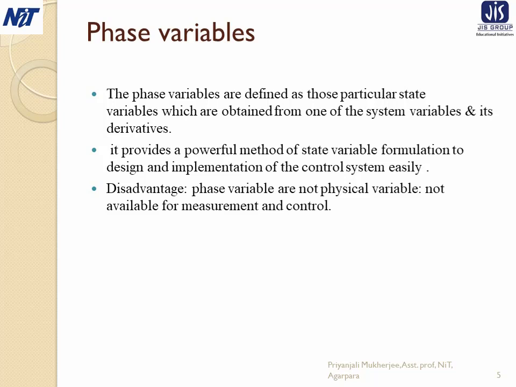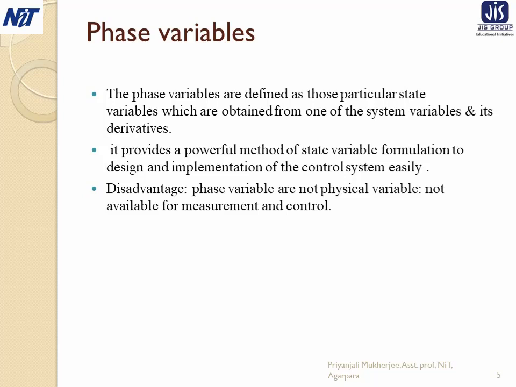A state model of a linear time invariant control system can be represented mainly by three forms. One is the physical variable form, another is the phase variable form, and the final one is the canonical variable form.